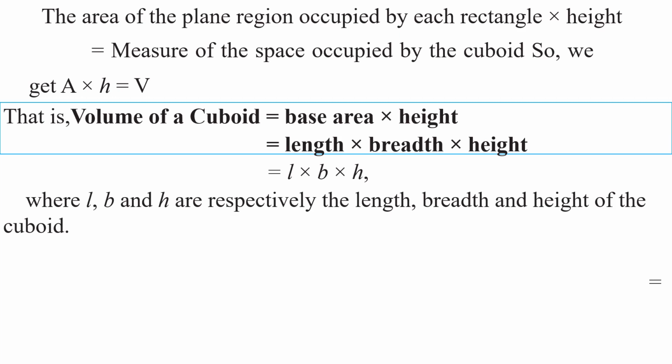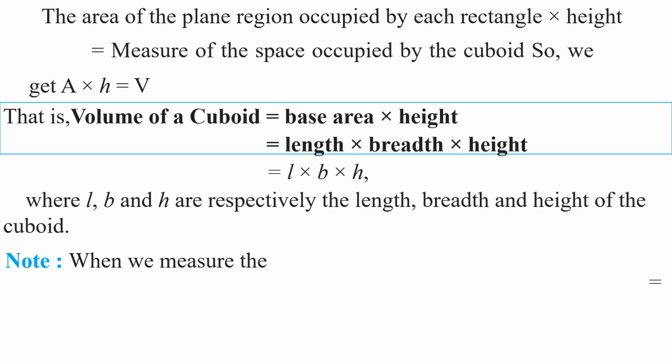Hereafter, we use these three letters L, B, H to denote the length, breadth and height of a cuboid. Please memorize this formula well, my children, to find the volume of a cuboid.